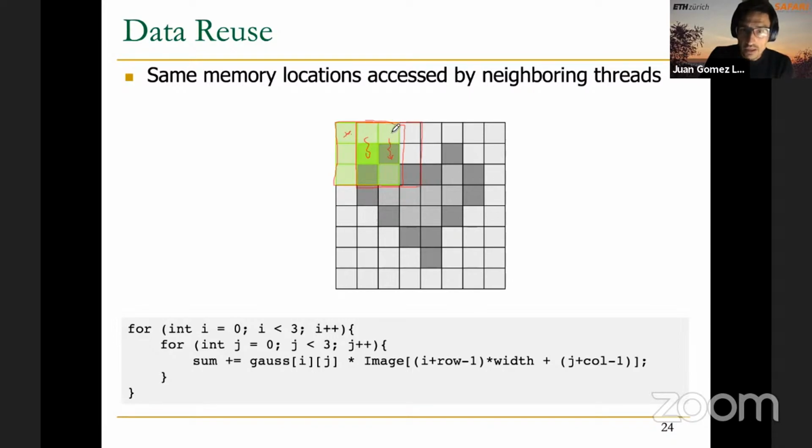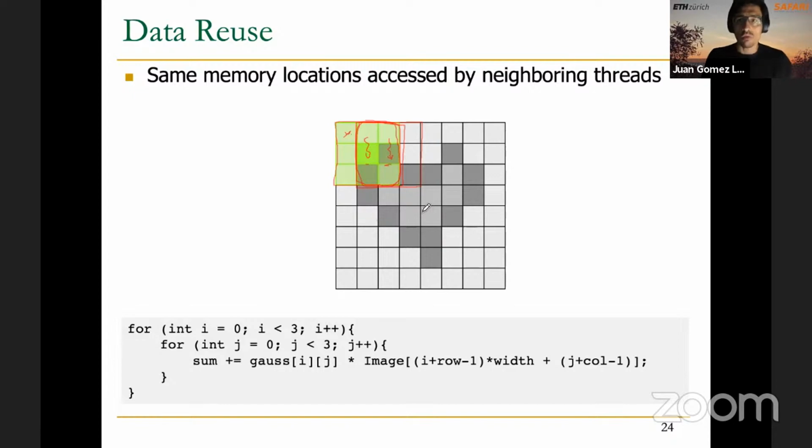So the interesting observation is that there is a lot of data reuse. Why do I say that? Because all these 6 pixels in the middle are accessed by both this thread here and this thread here. So this is data reuse. And when we have data reuse, we have an opportunity for more efficient access to memory.